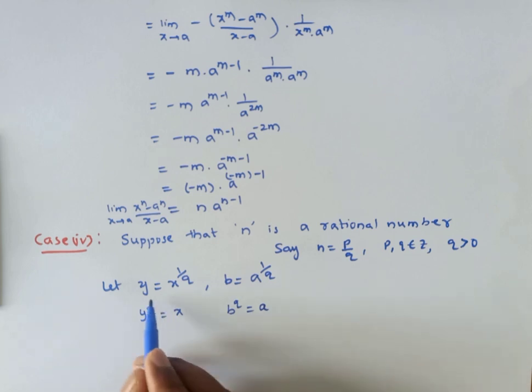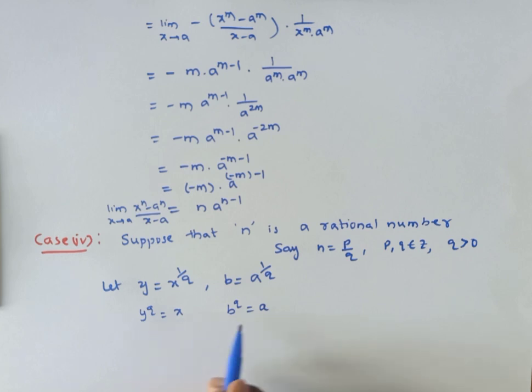So here we have the y value, b value, x value, and a value. So x is y to the power of q and a is b power q. This means x equals y to the power of q and a equals b to the power of q. Now we have all these values.